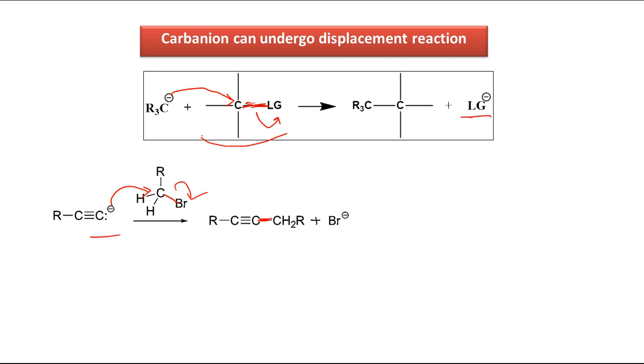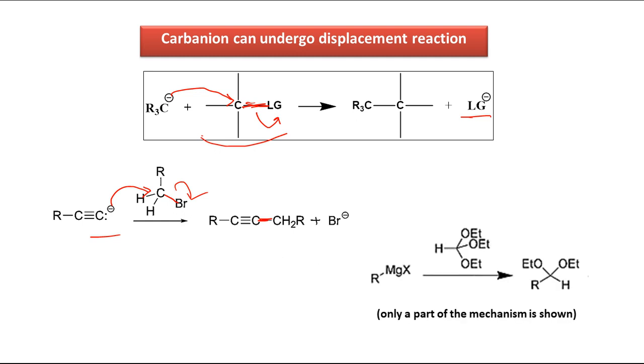and we are getting this new carbon-carbon bond. Another example, here again we have taken Grignard reagent. This is only a part of the mechanism, not the full mechanism. I am just showing the part where the Carbanion is attacking. So this Carbanion, which will be generated over this R group, will attack here and one of these OEt bonds will be removed.